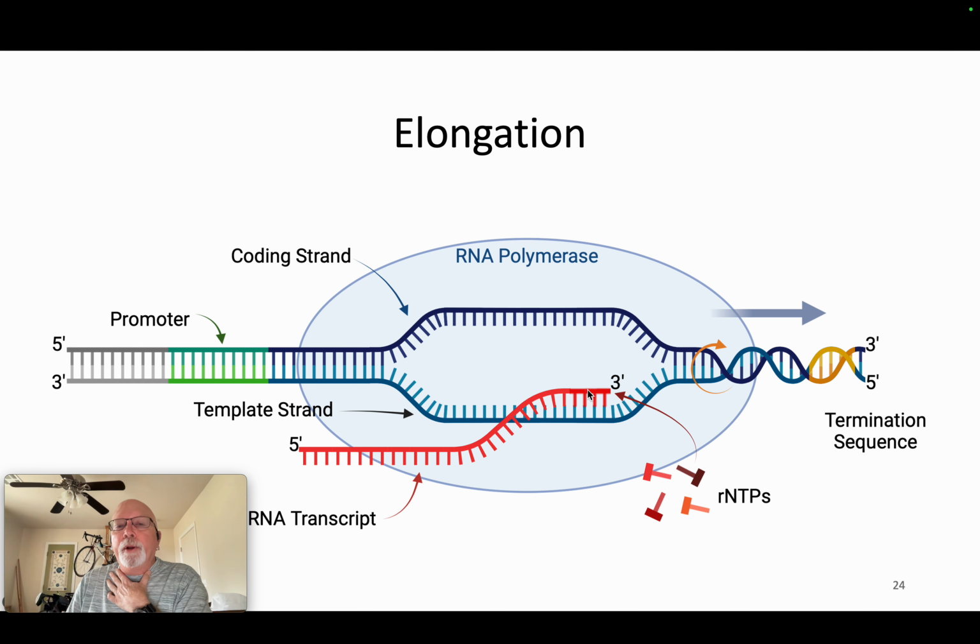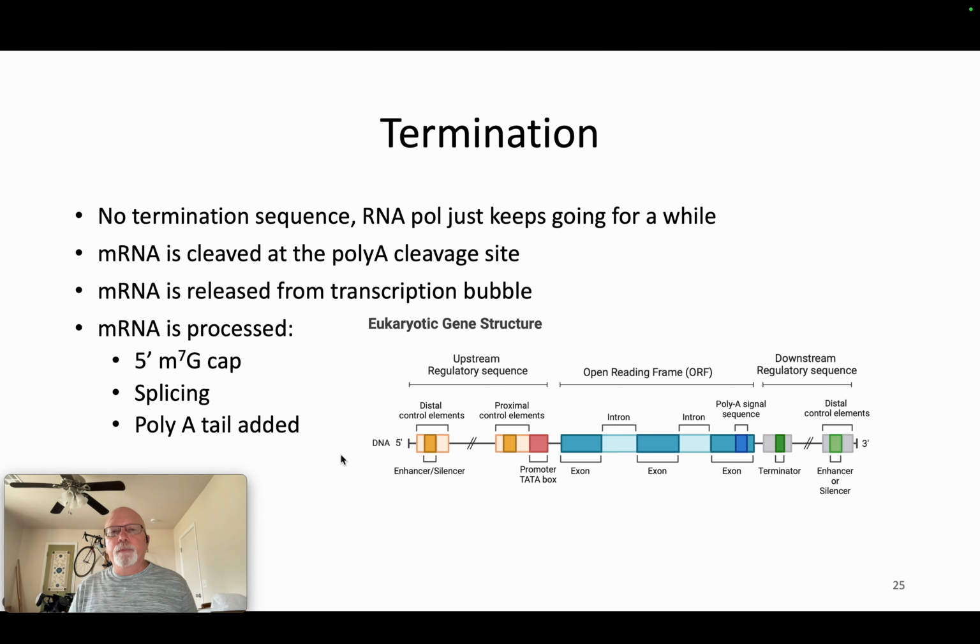So RNA polymerase is making the messenger RNA molecule by opening up the DNA double helix and then adding RNA nucleotides to this developing RNA transcript.